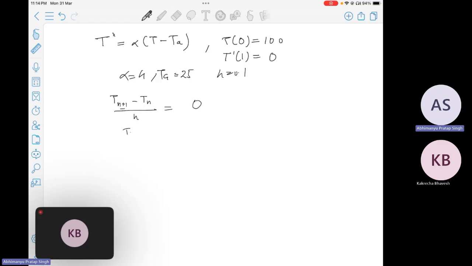So that means T(n plus 1) is equal to T(n). I think this should be good enough.